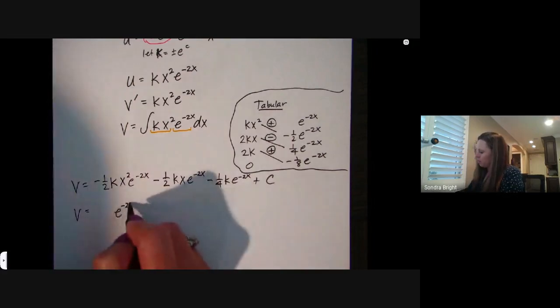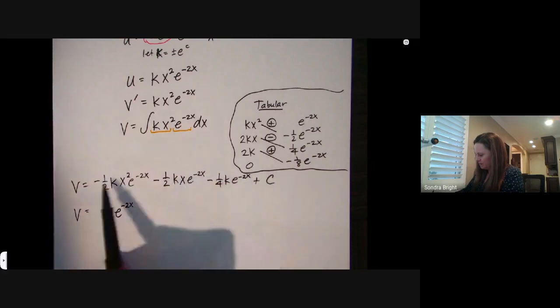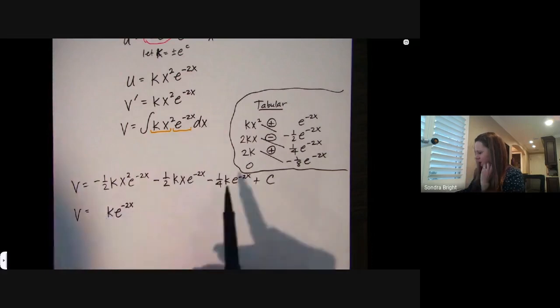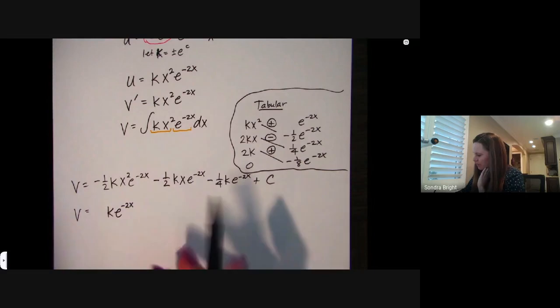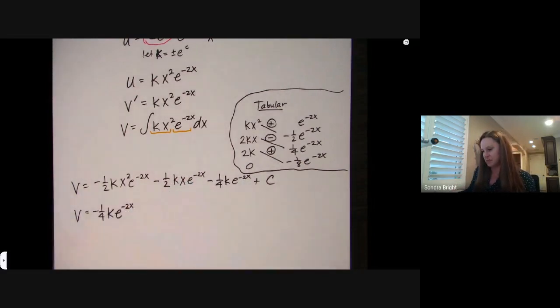They also all have a k in common. They also all have a common factor between negative 1/4 and negative 1/2, and negative 1/4 is the smaller one. So I'm going to go ahead and factor out a negative 1/4 k e to the negative 2x.